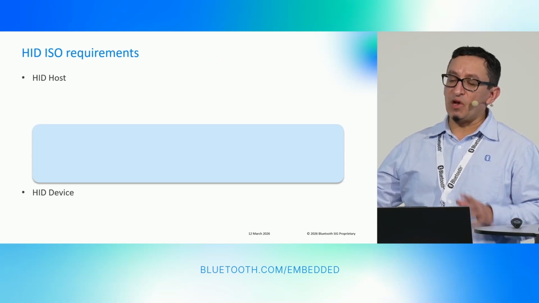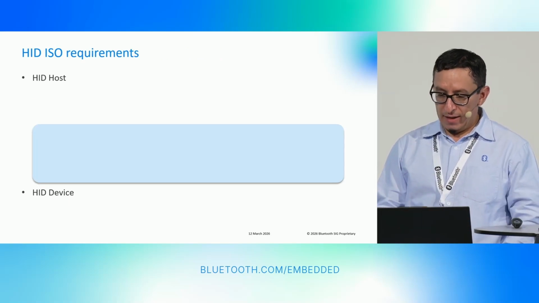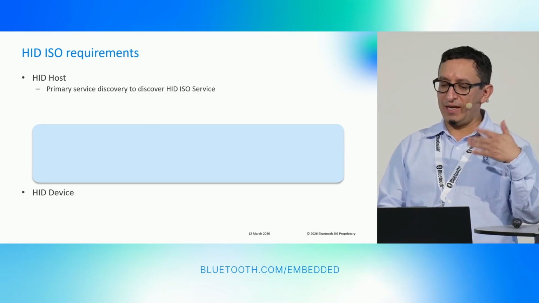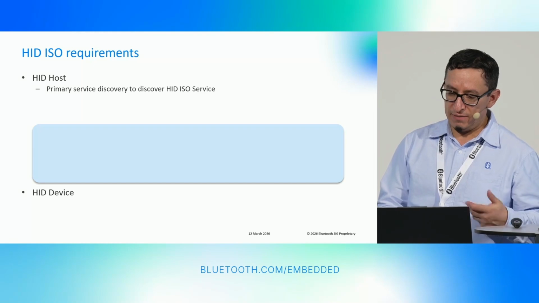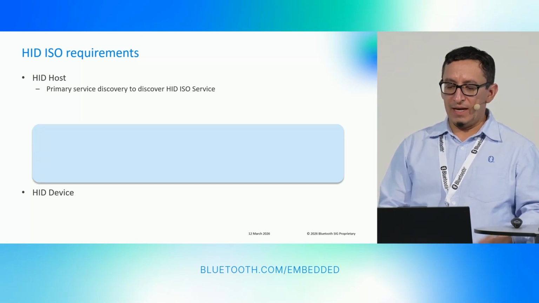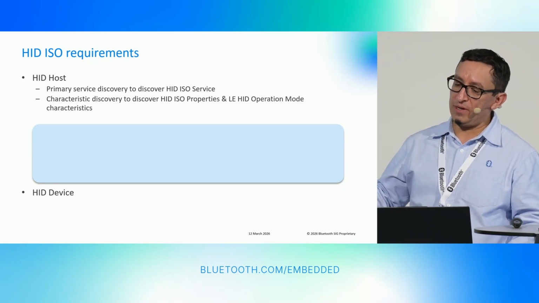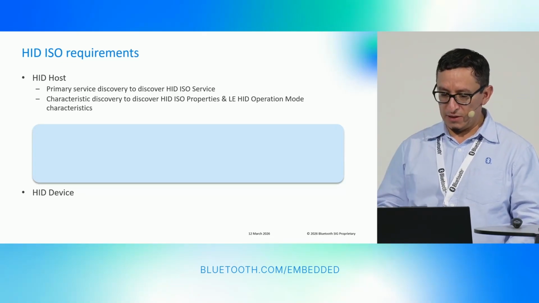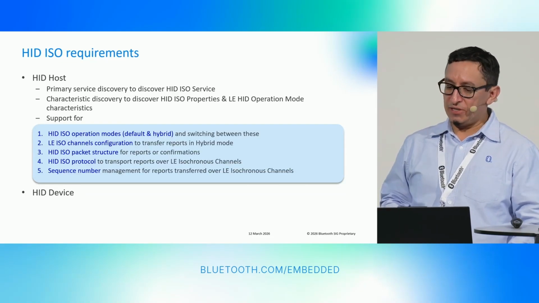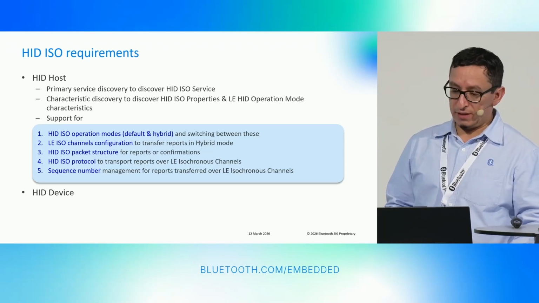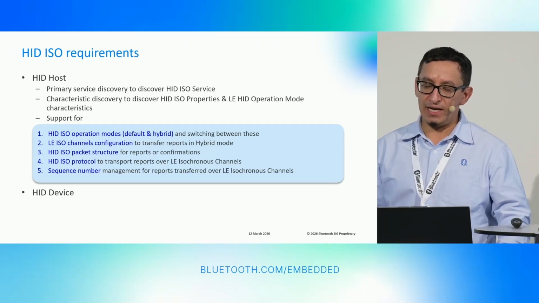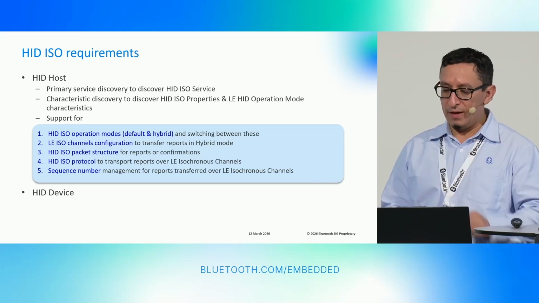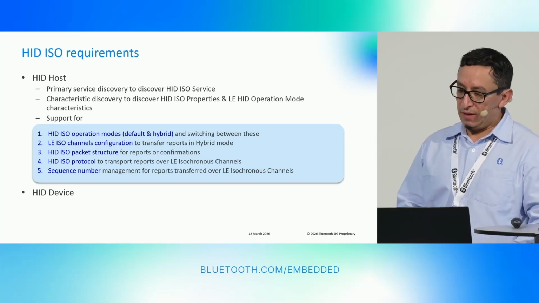Now, in terms of requirements to support HID ISO, a host must be able to discover the HID ISO service through primary service discovery, as well as the HID ISO properties and LE HID operation mode characteristics that I just mentioned. In addition, the HID host must support the hybrid and default operation modes that are defined in HOGP version 1.1 and the switching between these.